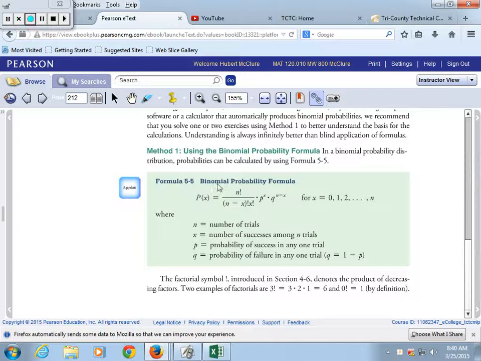As far as this goes, I would not suggest using this unless you positively, absolutely do not have access to a TI, and you do not have access to an app for the TI. Then you would have to use this. So if you have access to a TI and you know your neighbor, don't let them borrow it for a second, because they don't need to do this by hand.